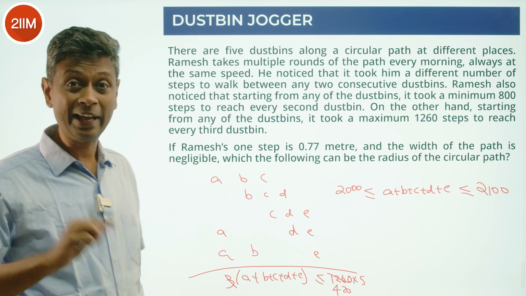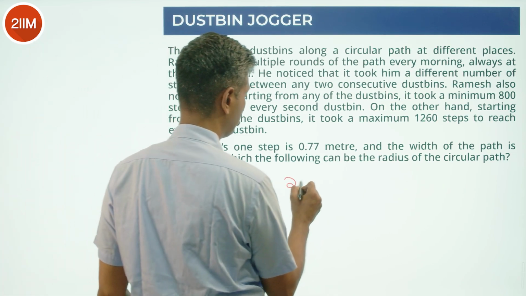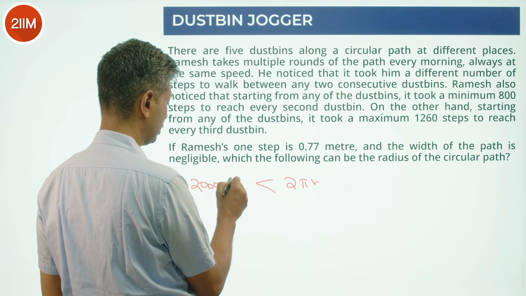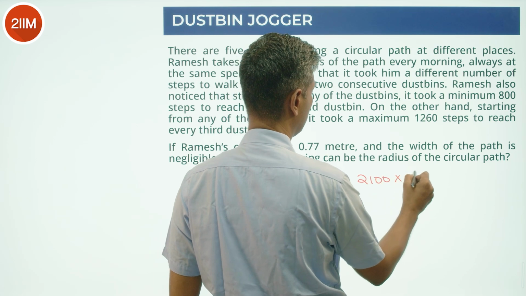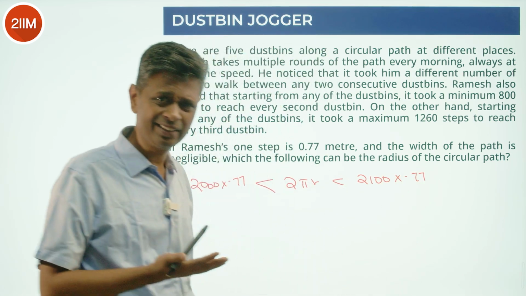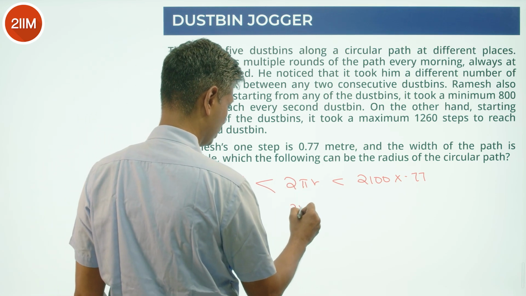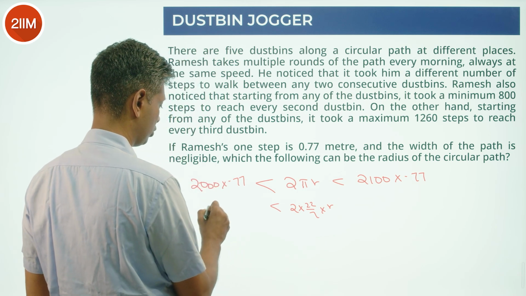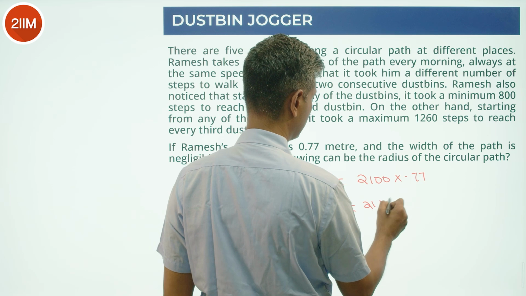So 2 pi r is between 2000 into 0.77 and 2100 into 0.77. It takes these steps. Pi is 22 by 7, 2 into 22 by 7 into r. This is 20 into 77, less than 21 into 77.